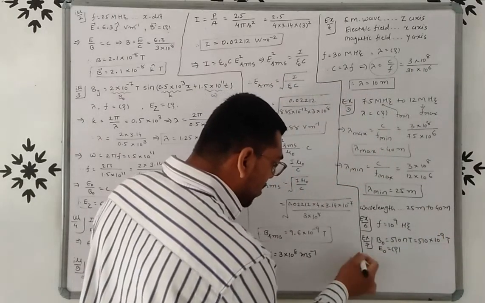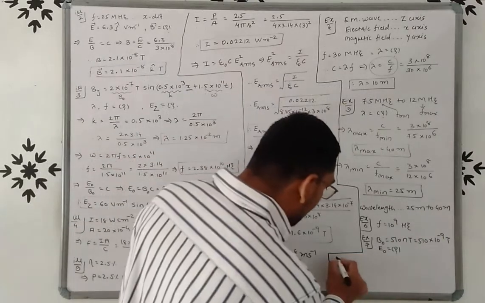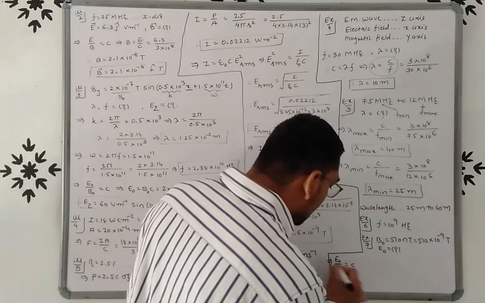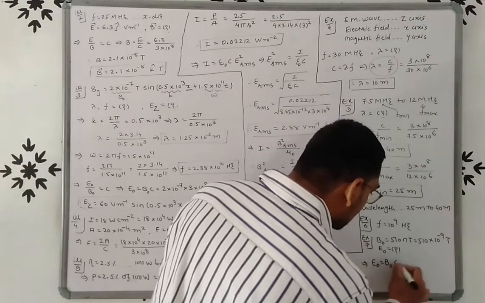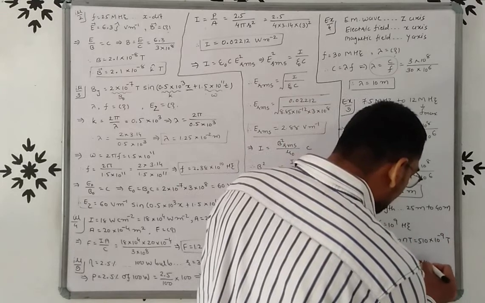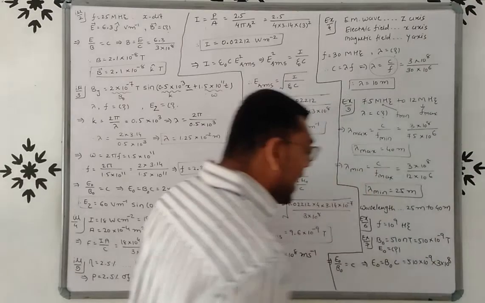So friends, we already know the relation between E and B. Right? We know that E0 by B0, that is equals to C. Right? So E0 is equals to B0 into C. So value of B0 510 into 10 raised to minus 9. Value of C 3 into 10 raised to 8.